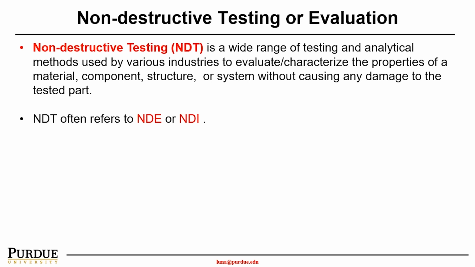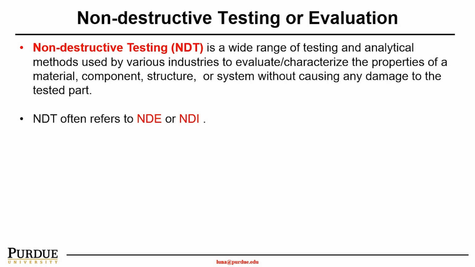Recall from last class, we talked about NDT as a wide range of testing and analytical methods used by various industries, primarily civil engineering, structural engineering, nuclear engineering, aerospace engineering, material science, and the metallurgy industry.